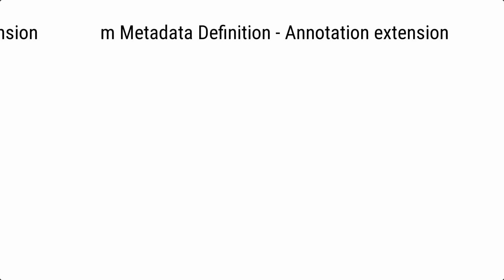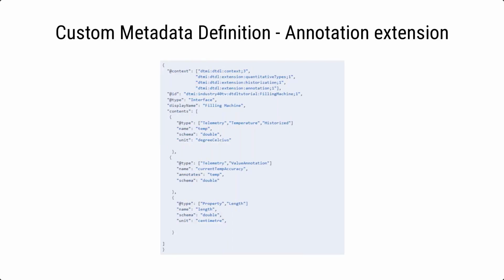Next, in the event that you need to add custom metadata to a property or telemetry element, you can extend the context of your interface by adding the annotation context specifier. The value annotation type adds one field to the element, annotates, which allows you to name another property or telemetry that is annotated by the current element.